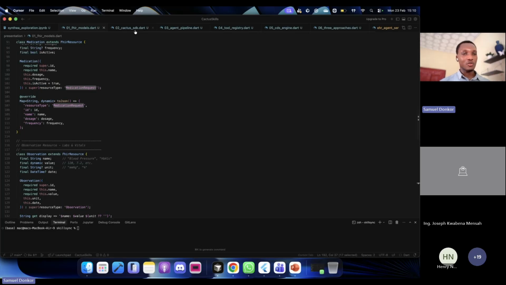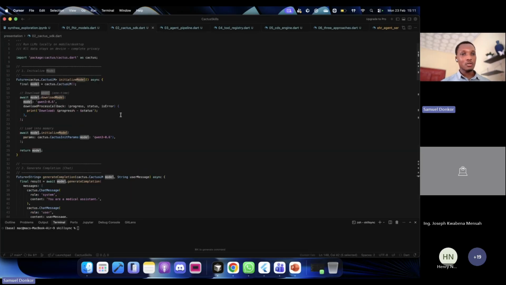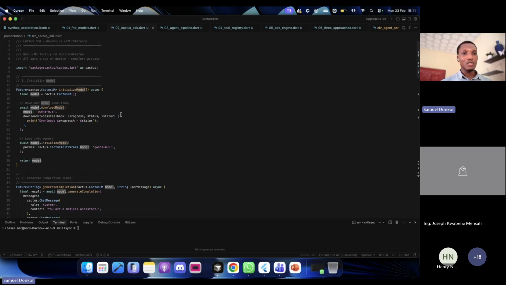And also with Cactus, it's very, very easy to start using a model, right? So you basically just have your function or class or whatever, right? First, you download the model and then you initialize it. That's very easy to do. First, you call the download model function, I know this can be confusing, or method.